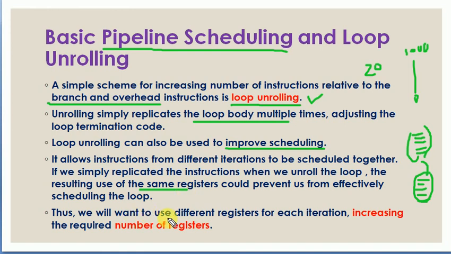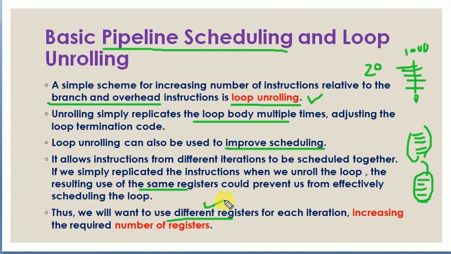So you will want to use different registers for each iteration. When we unroll the iteration, we need to do 5 different statements within a single iteration. We need to refer to memory locations by using registers, so in that situation we need to use a different set of registers.